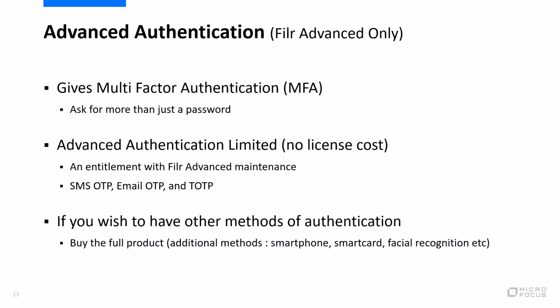Typically, we see users using SMS one-time password, email one-time password, and maybe a time-based one-time password, which are the methods that you've got in the limited edition. If you want to have other methods of authentication, something like smartphone, smart card, facial recognition, maybe even geofencing, where you can specify where the user has to be in order to access the environment, then obviously you can buy the full product. Let me just show you that working.